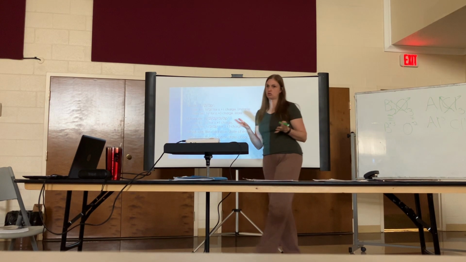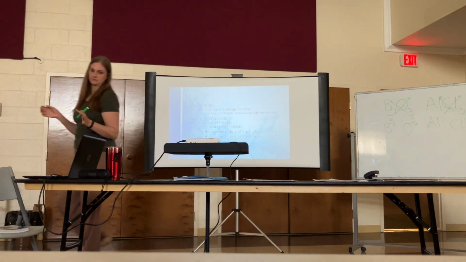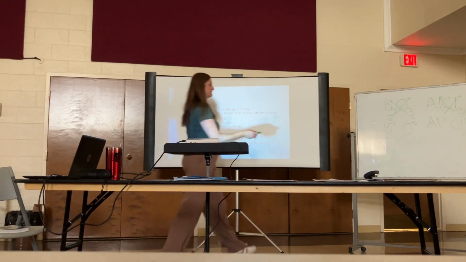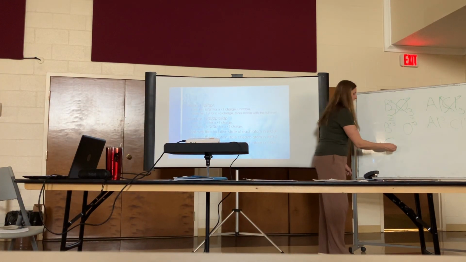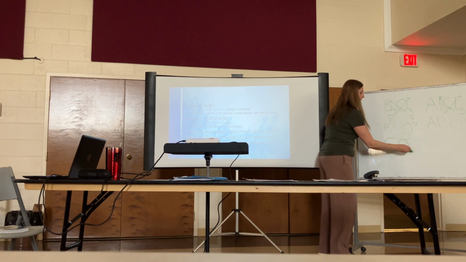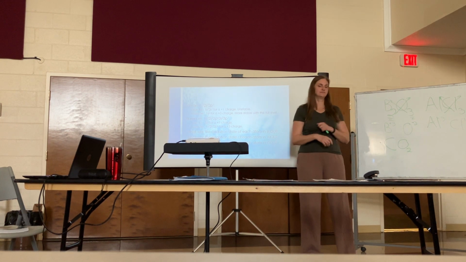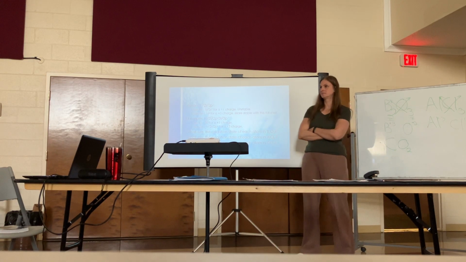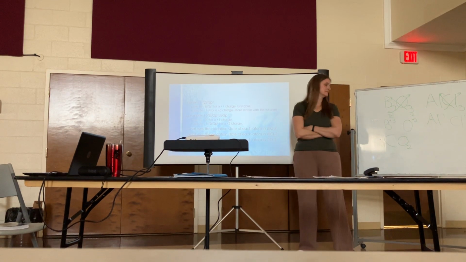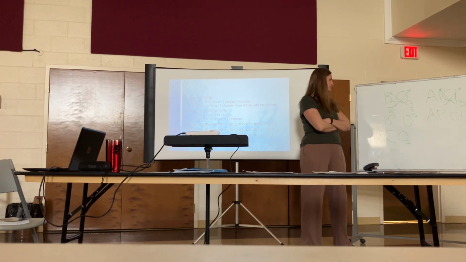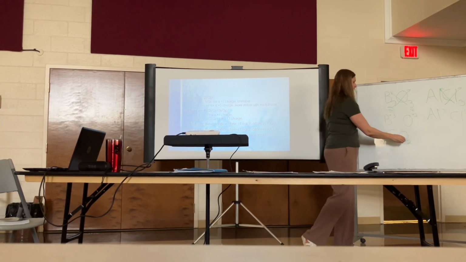All right, this next one's a trick question. I'll just tell you right now. Let's see if you can figure it out. Carbon dioxide. What's the oxidation state? Okay, one.